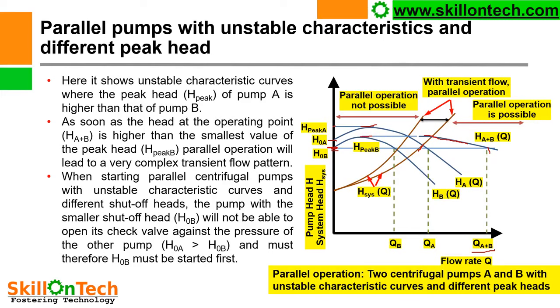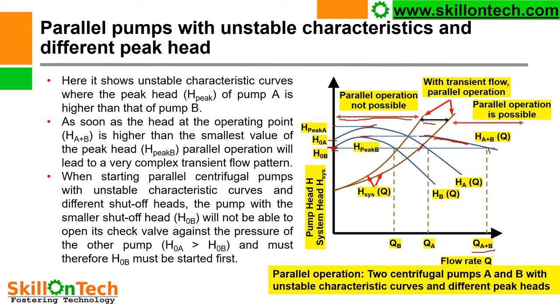But when we operate the pump other than this area, parallel operation is possible in this zone, but parallel operation will not be possible in this zone, and here in this zone we will get a transient flow parallel operation pattern.